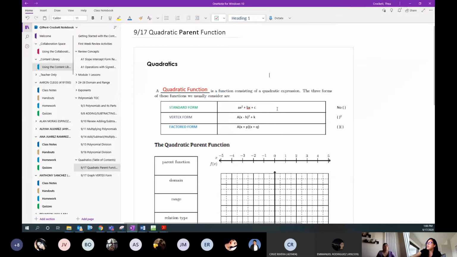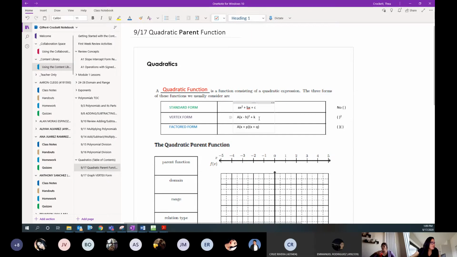Okay, and the only thing that would separate these from each other is the parentheses. So you're always looking at parentheses, and the standard form doesn't have parentheses. The vertex form has parentheses, just one set, and it has a square. And then the factored form has 2 sets of parentheses, the x minus p and x minus q.